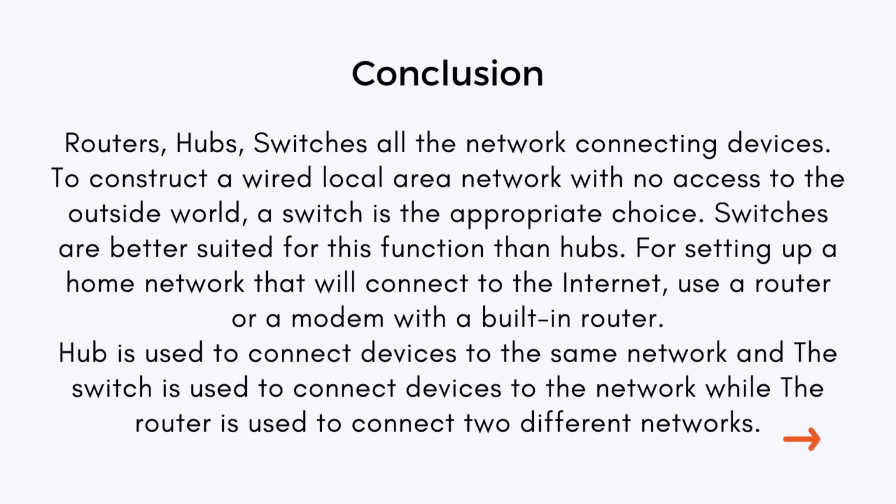For setting up a home network that will connect to the internet, use a router or a modem with a built-in router. Hub is used to connect devices to the same network, and the switch is used to connect devices to the network, while the router is used to connect to different networks.